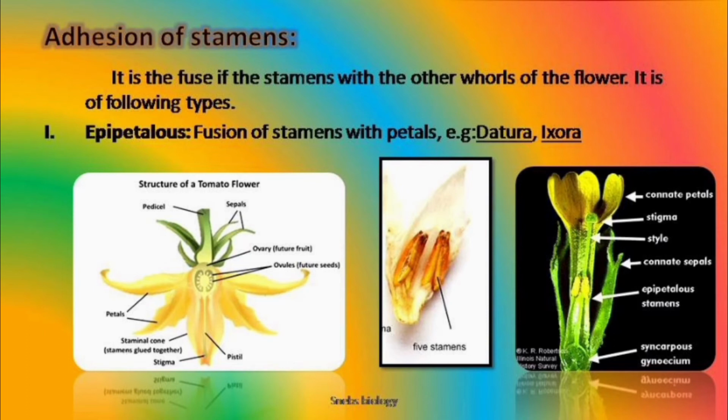Now if the stamens are fused with the petals or corolla, then that condition will be known as epipetalous condition. It is not necessary that the complete stamen should be fused. Normally the base of the filament is attached to the petals, which is seen in case of Solanaceae and Compositae families.